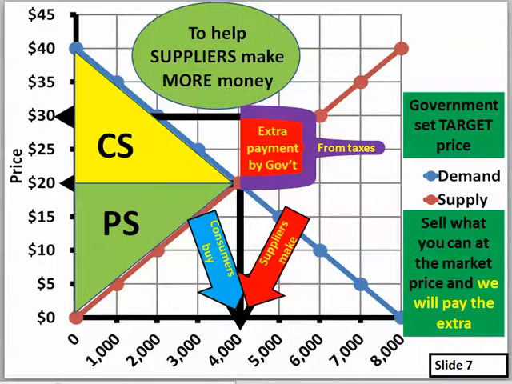So here you see the equilibrium price would be $20 and the target price $30. And we see that 4,000 were sold to the consumers at that equilibrium price of $20.